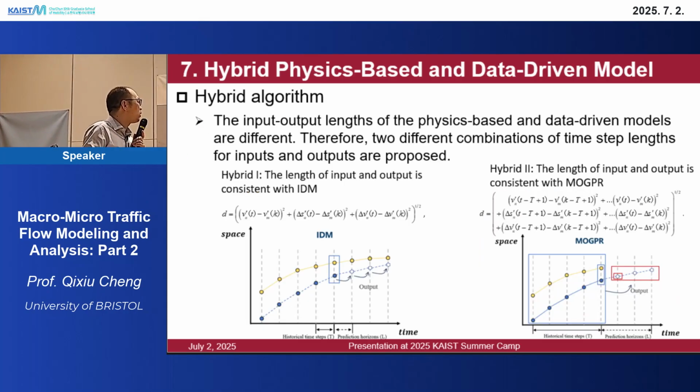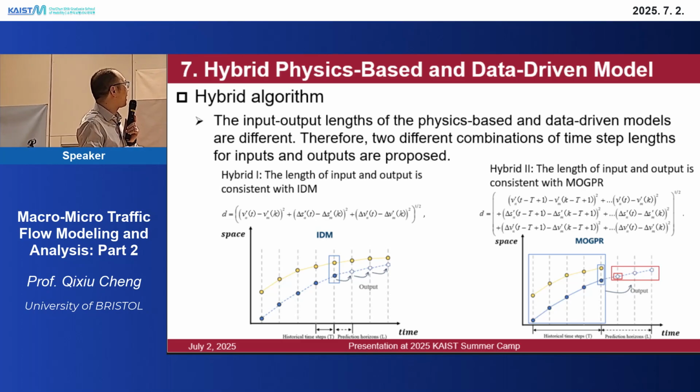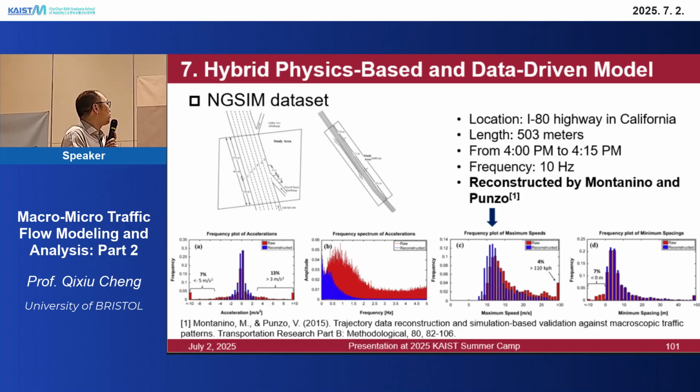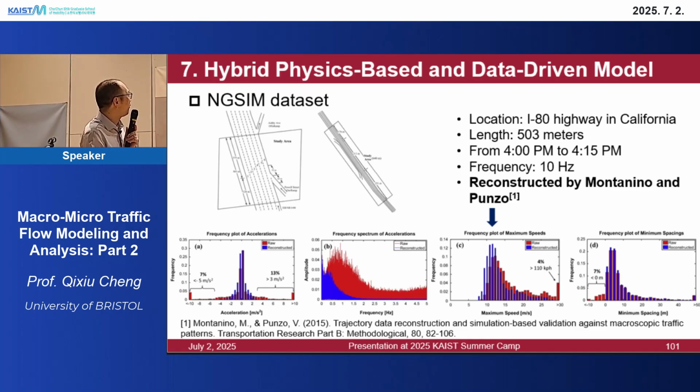As I said, we will have two hybrid modes. Hybrid 1 calibrates one by one, and hybrid 2 obtains the result all at once. We use the NGSIM dataset for the test.